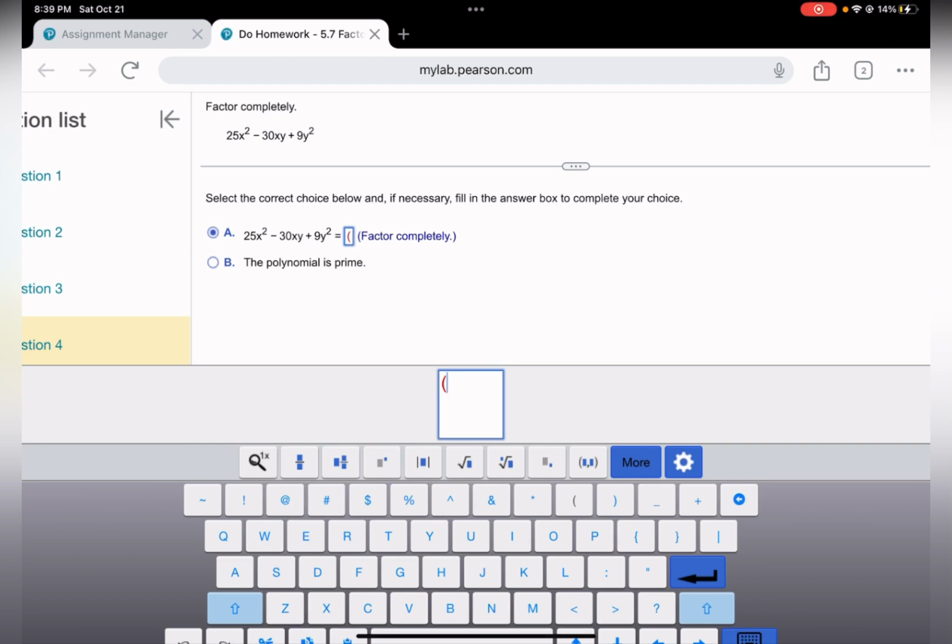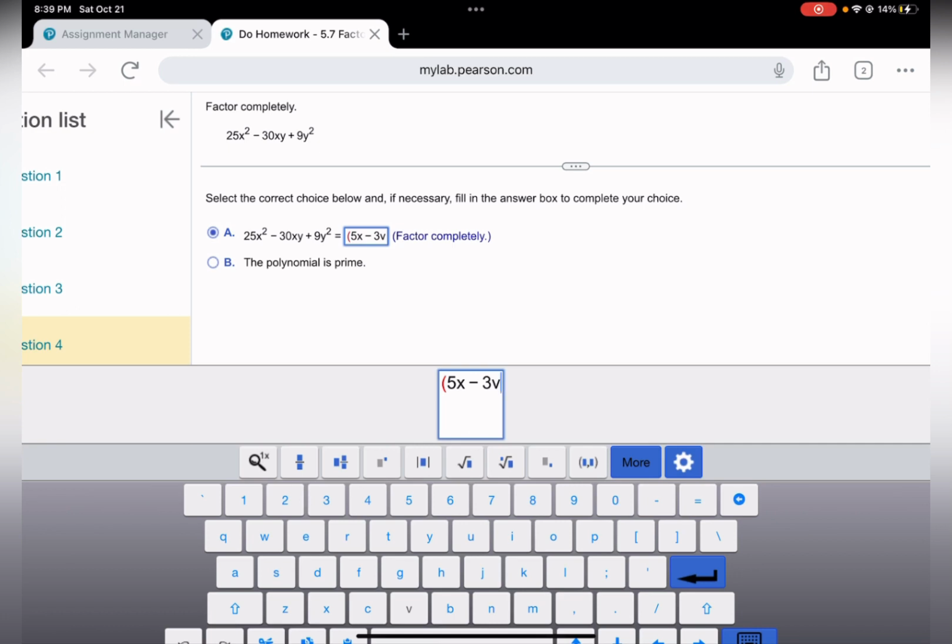So it's going to be 5x. It's going to be my a. Okay, since I have negative 30xy, so answer most likely it's going to be negative. And 9y squared is going to be 3y, correct?